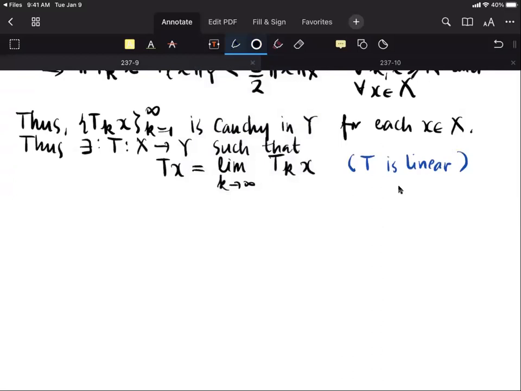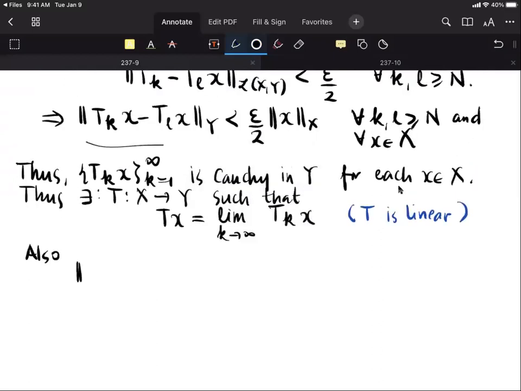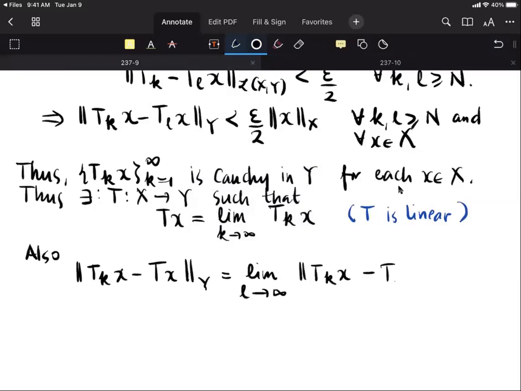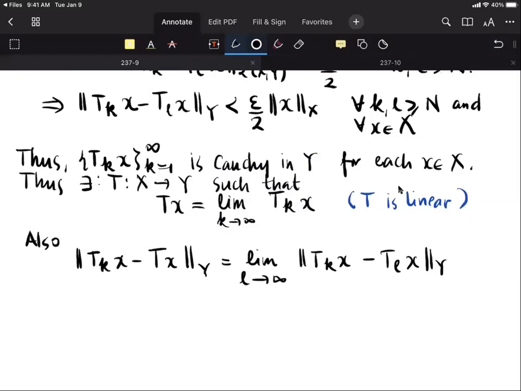Okay. To prove boundedness and convergence, we can start with this. You take the limit as L goes to infinity. And this should be now less than or equal to epsilon over 2 times the norm of x.